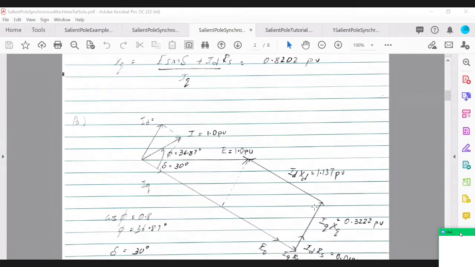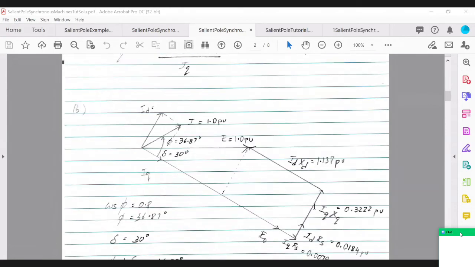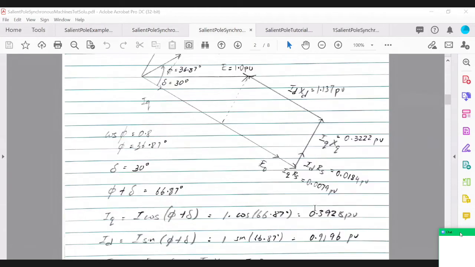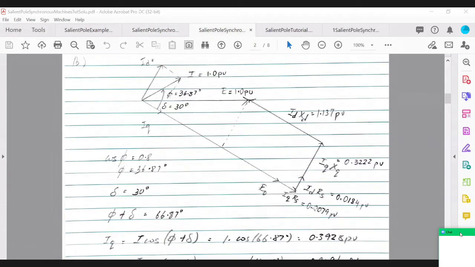Okay, so in part B, they've asked us to now reverse the operation of the machine from generator to motor. Okay, so the data provided is, let's have a look here.